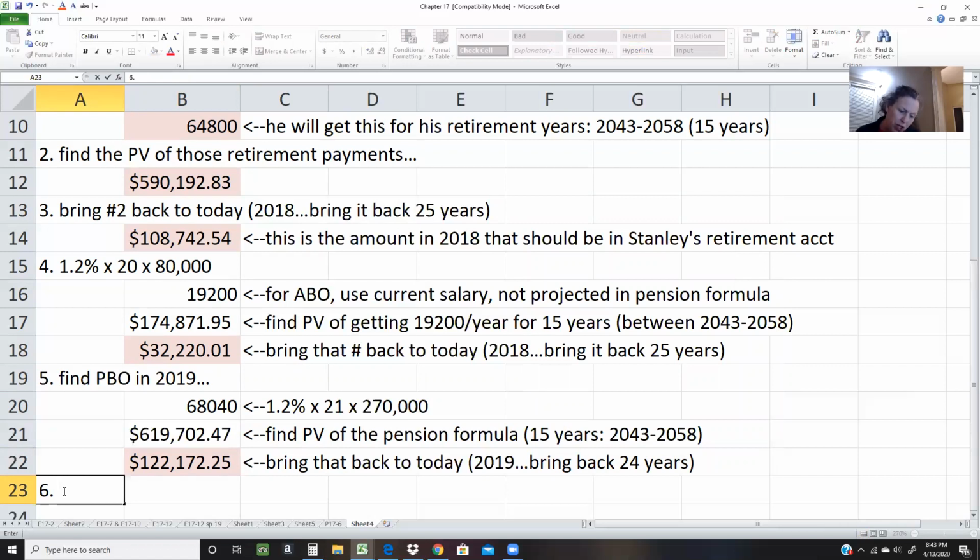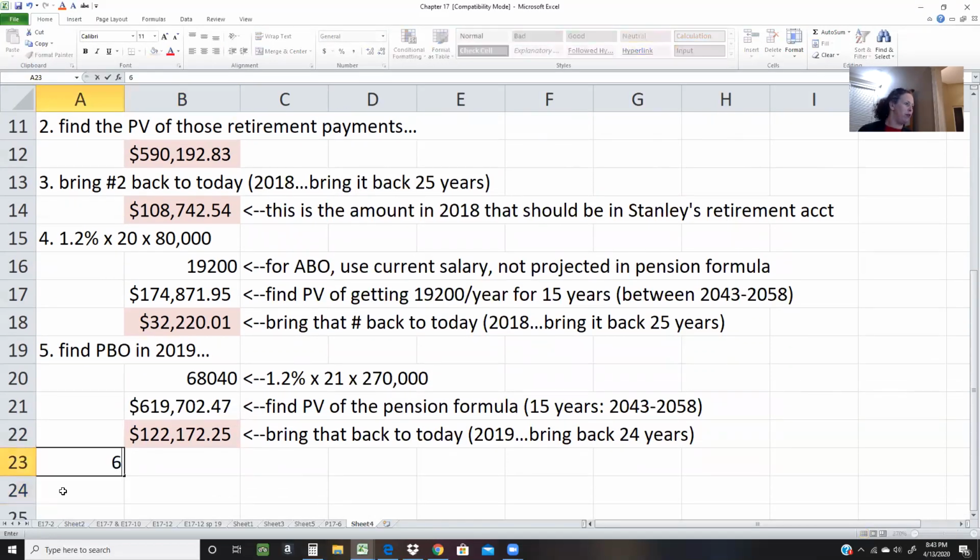What portion of the 2019 increase is attributable to service and what is for interest? Oh, that's what I was just doing. Okay. So basically for number 6, it said what amount, let's go back here, of the 2019 increase is because of service versus interest.